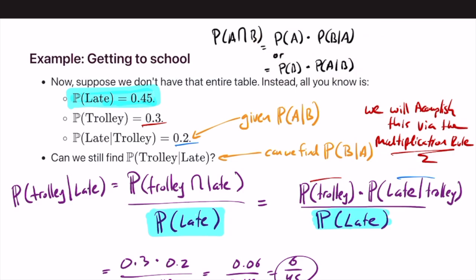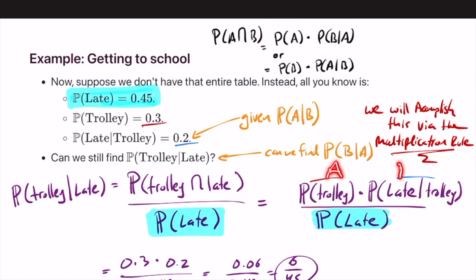In this case, trolley is our A and late is our B. So it makes sense to write it in this format here, which is what we did down here.